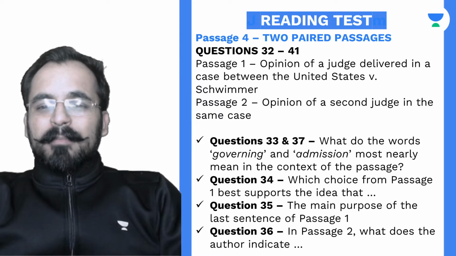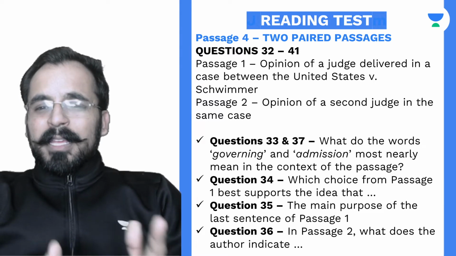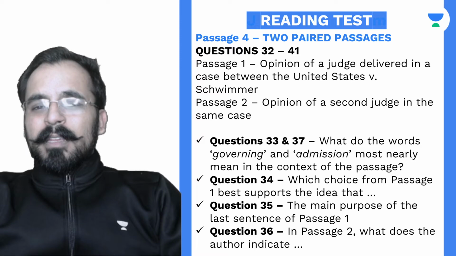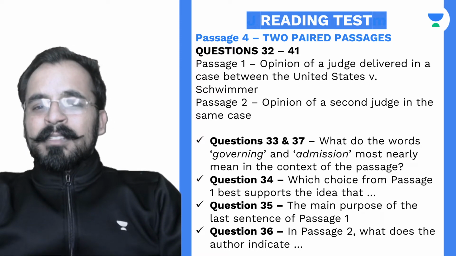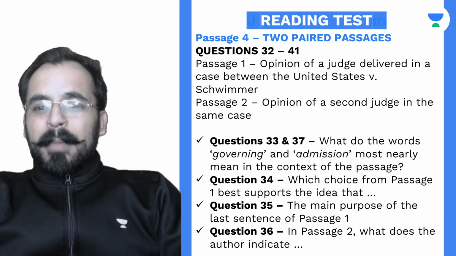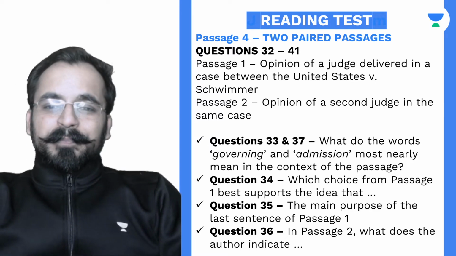We have not come to know exactly, but it's just an overall picture since it is a memory based review. Passage 2 was the opinion of another judge in the same case.